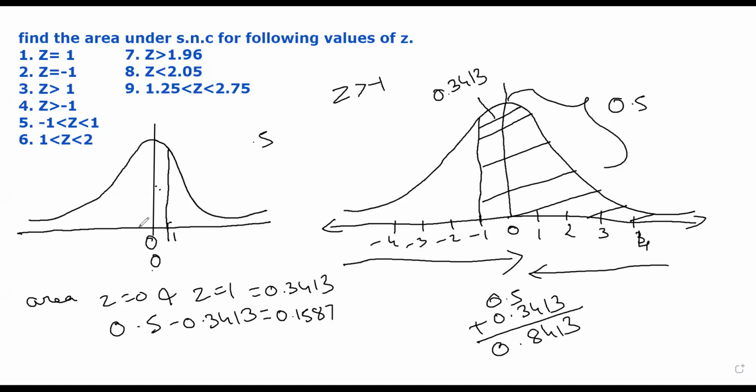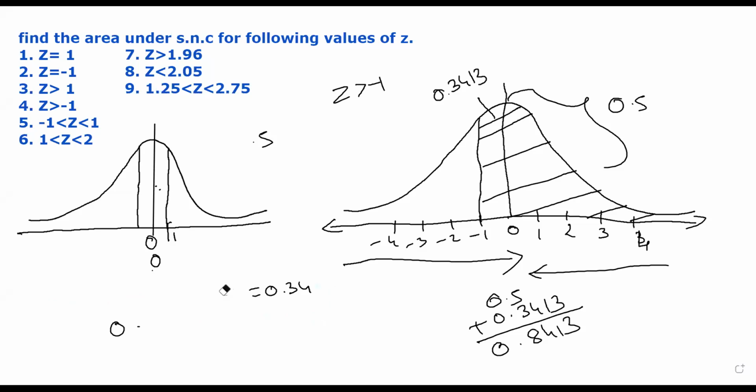And suppose this is Z is equal to -1. Because this curve is symmetric over the axis Z is equal to 0, there is going to be the same area on both the sides. It means ये एरिया अगर 0.34 है तो ये भी एरिया 0.34 है. But I want area between -1 and +1. So I want this complete area.